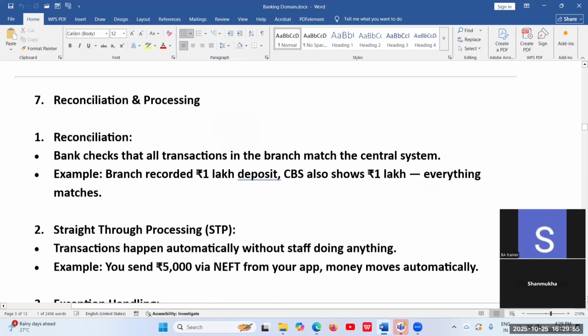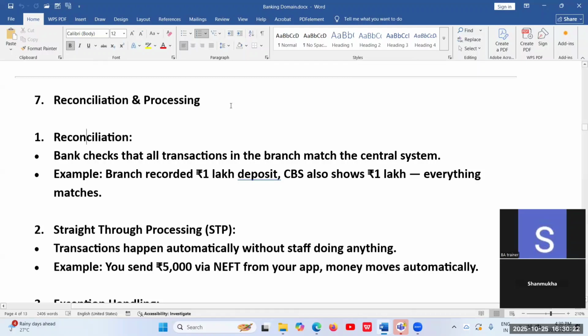So reconciliation means, it's more of doing comparison, guys. For example, a customer has deposited 1 lakh into their account, and that will also be reflected in our bank system. In this FinSphere application, it will reflect whatever transaction or deposit they have done.